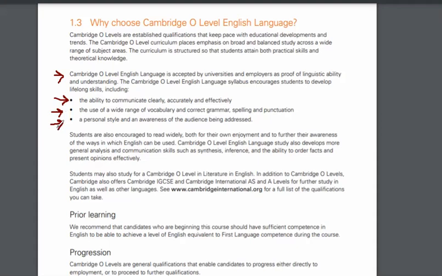These will be the skills we will be teaching you, and inshallah, we will polish the skills that you already have. Now, students are also encouraged to read widely. This is something that I really emphasize, and you need to make a promise with yourself today that you will encourage yourself to read widely.